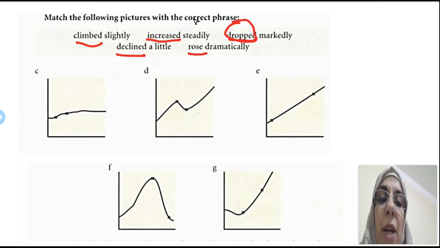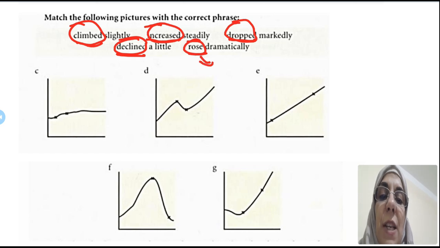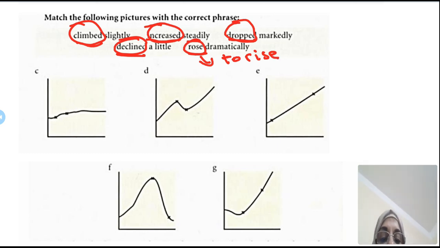Dropped is a regular verb, increased a regular verb, climbed a regular verb, declined as well is a regular verb, but rose is an irregular verb. The infinitive is to rise. Okay?